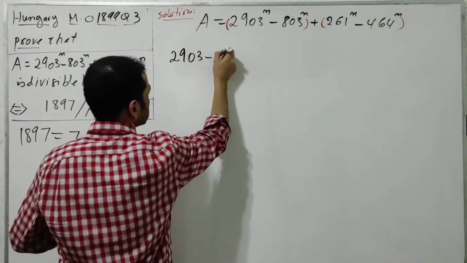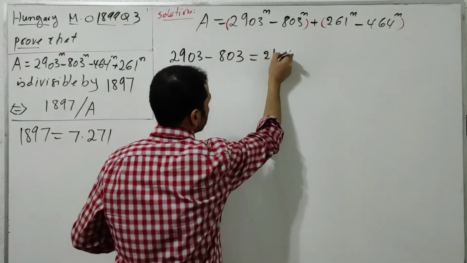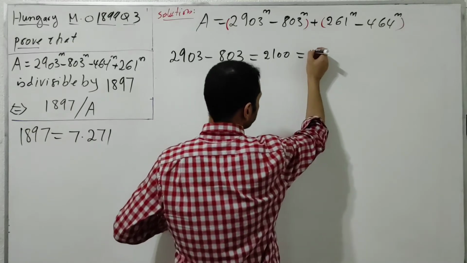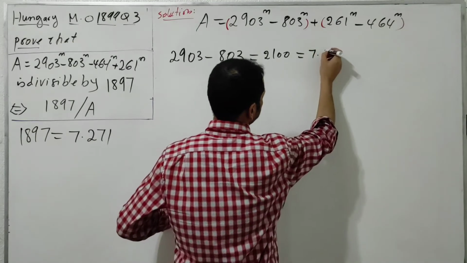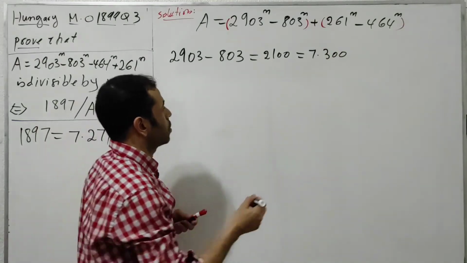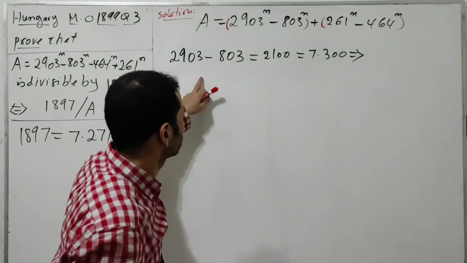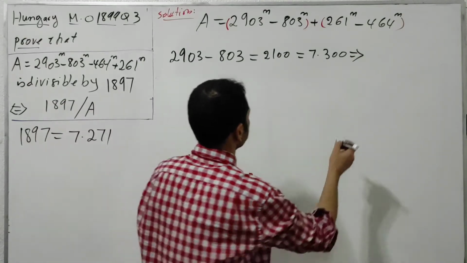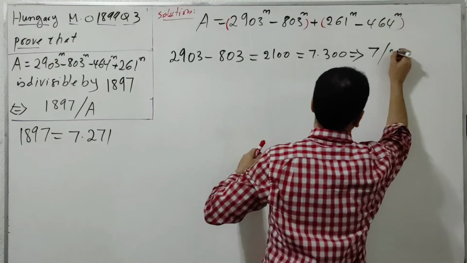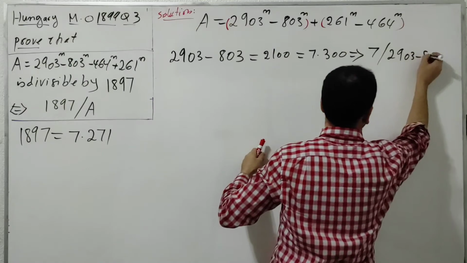2903 minus 803 equals 2100. 2100 is the same as 7 multiplied by 300. So this is telling us 7 divides the term 2903 minus 803.